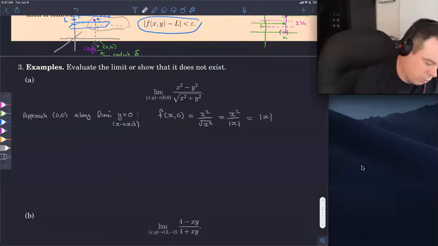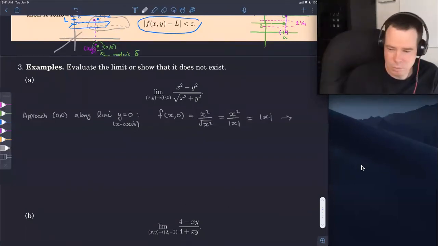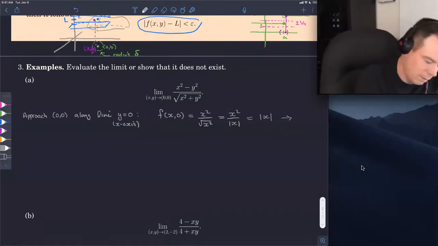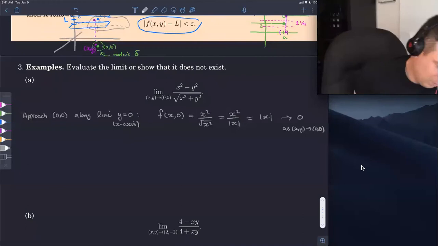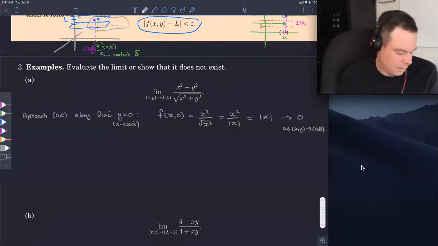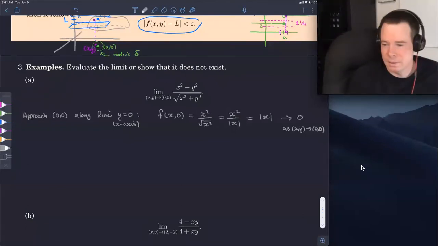And if I get closer and closer to the origin, 0, 0, then this is going to 0 as x, y goes to 0, 0. So this tells me that as I approach along the x-axis, my function value is going to 0.